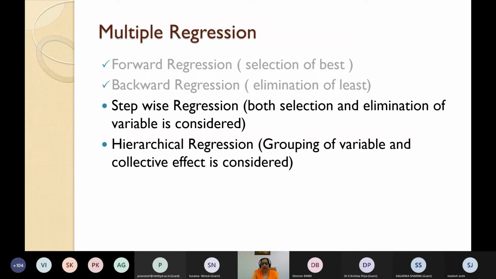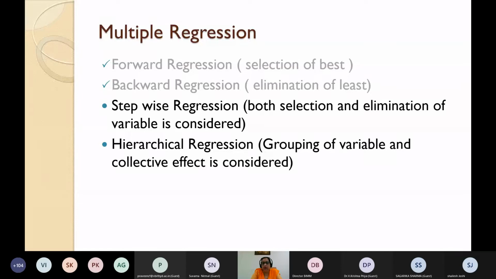Then we also identified how the multiple regression equation is built. Now once you have built it, we want to know which independent variable is bringing in how much change in the dependent variable. So we make use of the stepwise regression model or the hierarchical regression model.